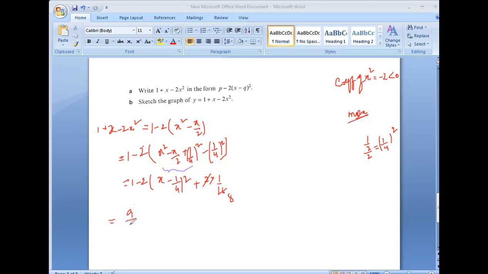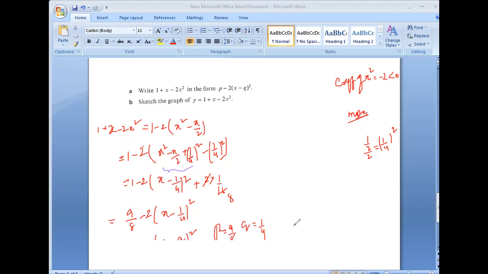So 9 by 8 minus 2 of (x minus 1 by 4) whole square. So it is in the form p minus 2 into (x minus q) whole square, whereas p is 9 by 8 and q is 1 by 2.